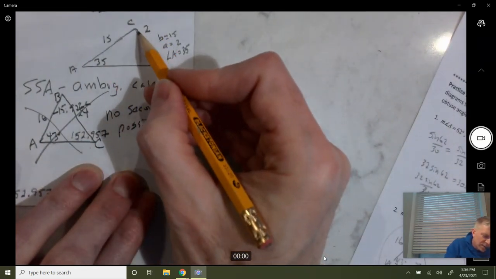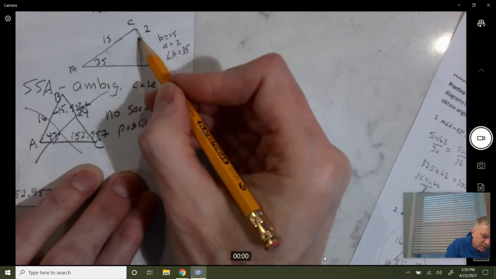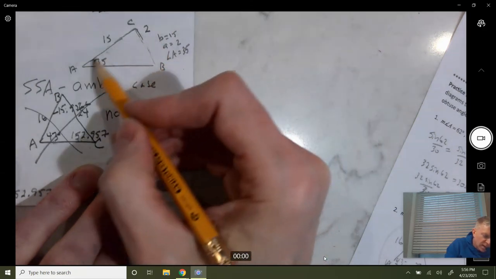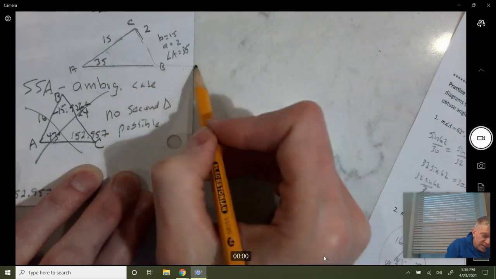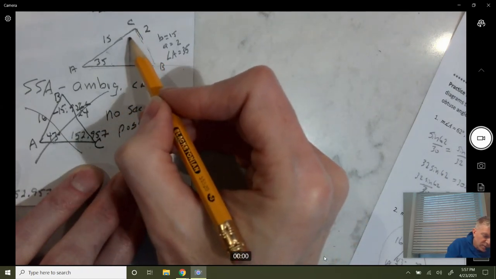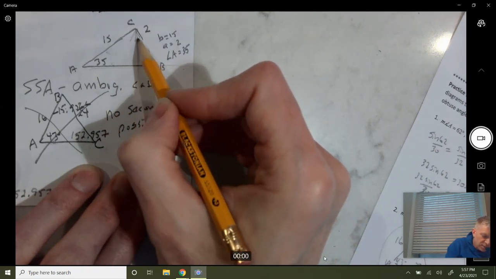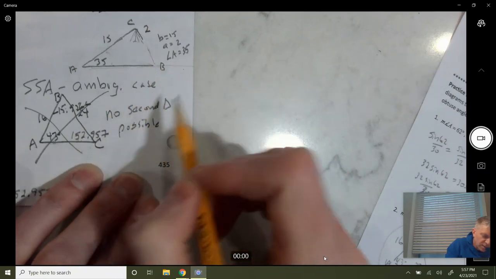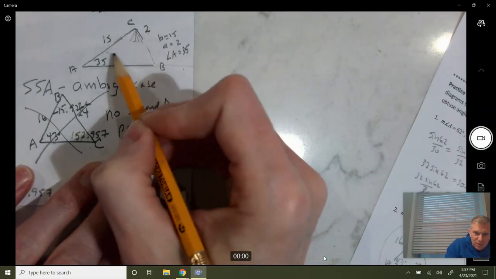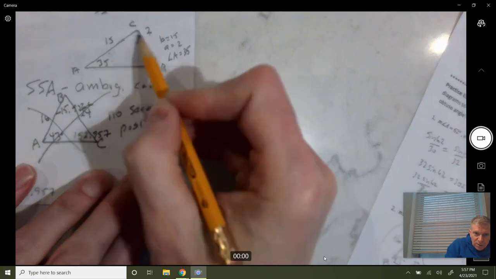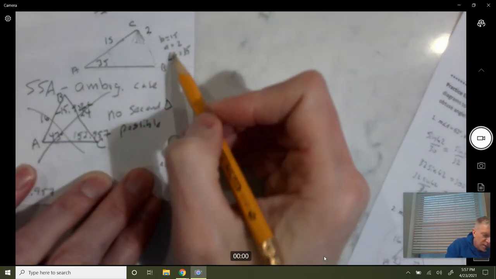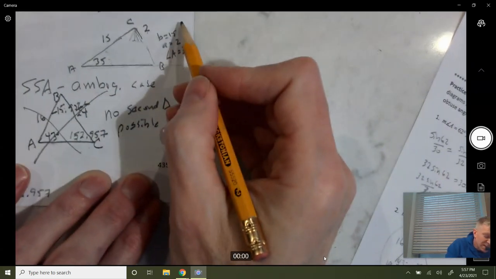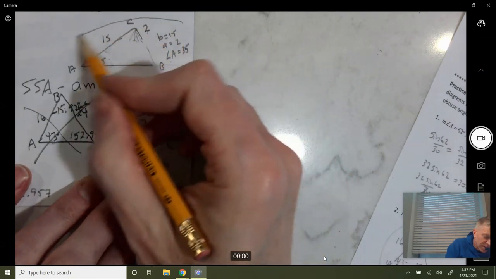If I can't bring this down by shortening this angle, there's no way this is going to reach. And I don't know how big this is. I can extend it. I can swing this back and forth, but no matter how I swing this back and forth, it's not going to reach down here. So sometimes this side's not long enough because of this angle, and you can't bring it down. Okay, so that's a case where it is possible to get no triangles.